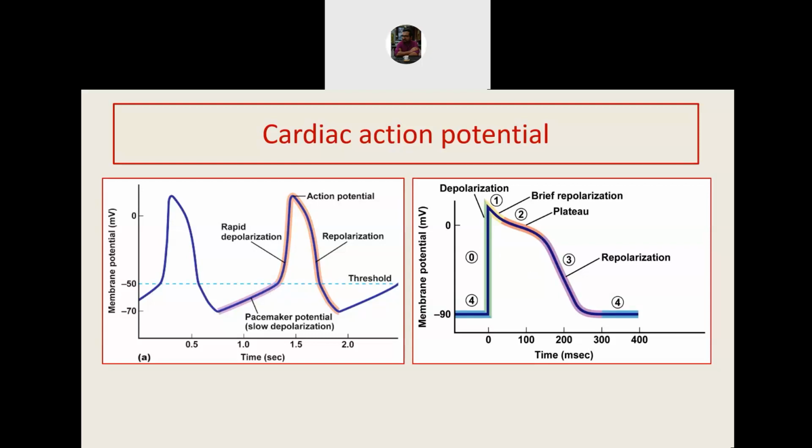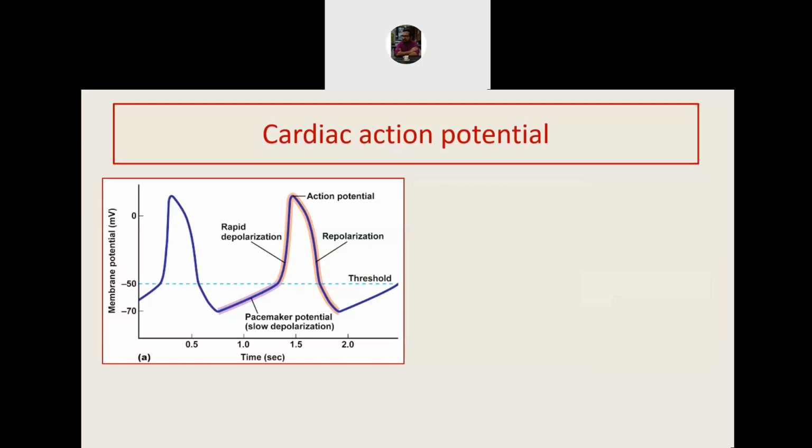We will now talk in detail about their ionic basis and how they contribute to the cardiac properties. Let us first talk about the slow response action potential. Heart is one of those rare tissues that can generate its own impulse, and generation of its own impulse is because of a property known as pacemaker potential.